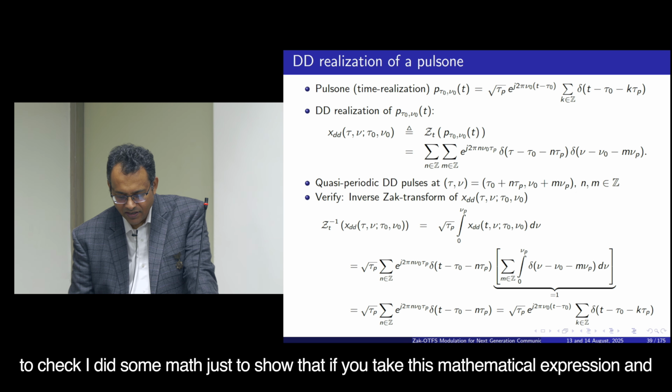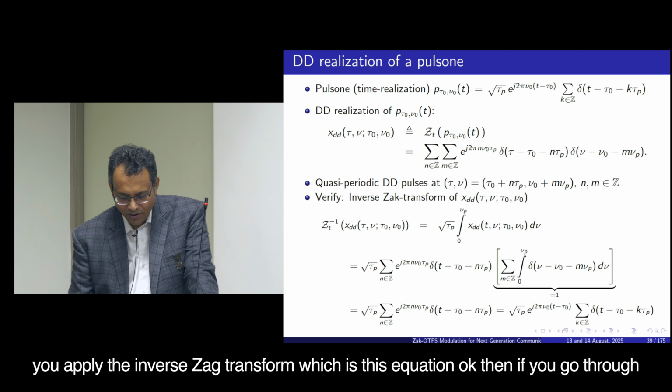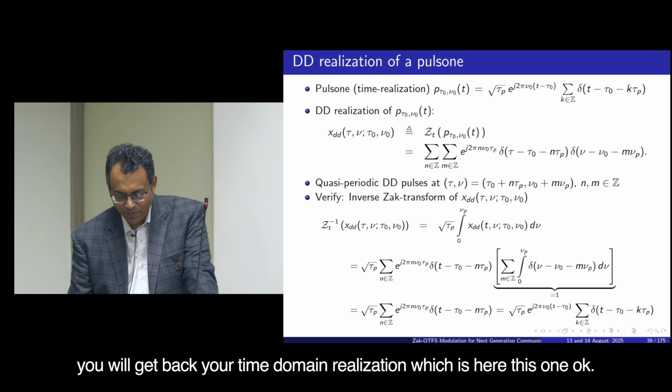And if you want to check, I did some math just to show that if you take this mathematical expression and you apply the inverse Zak transform, which is this equation, then if you go through, you will get back your time domain realization, which is here.